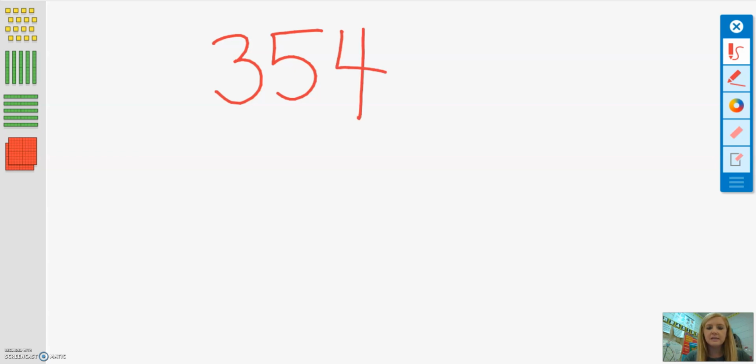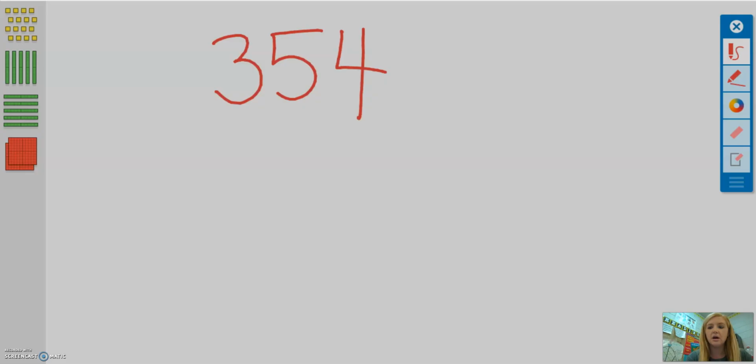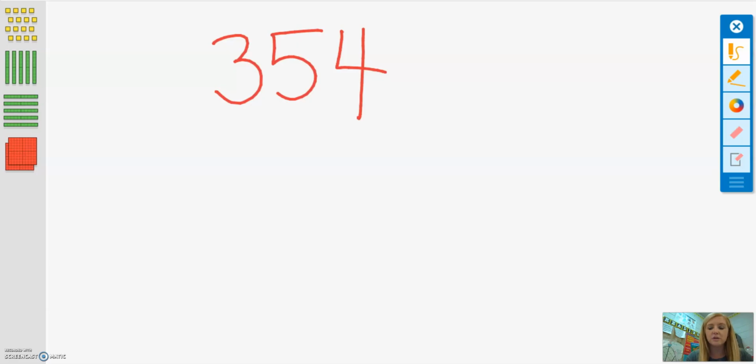Okay, this is a 3-digit number. I know that it's a 3-digit number because it has 3 numbers in it, 3 digits in it. There's a 3, there's a 5, and there's a 4. It's a 3-digit number because there are 3 digits that make up this entire number, okay?